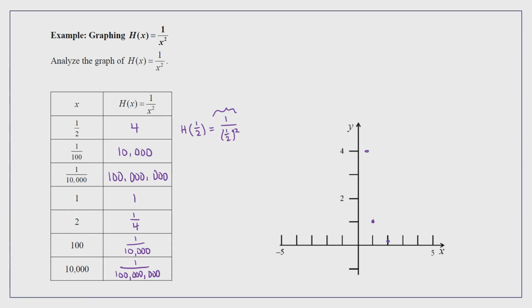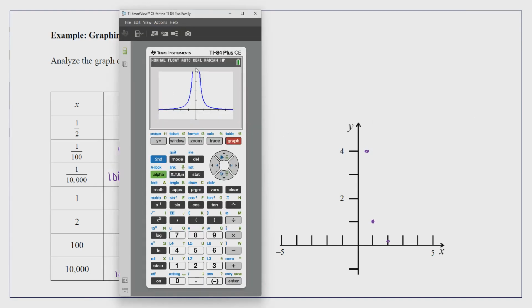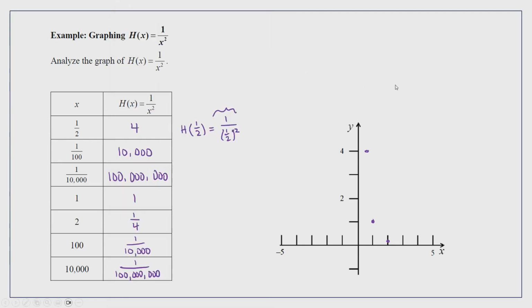Now on my calculator here, I see kind of a mirror image on the left-hand side. So my x coordinates are negative, but my y coordinates are the same. Okay. So I'll have (-2, 1/4).